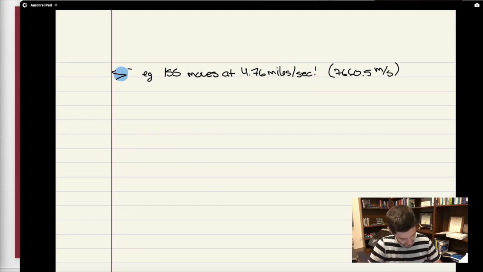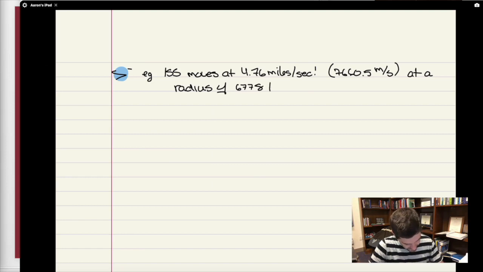So it's careening along at a radius of something like 6,778 kilometers. I could ask, what is the centripetal acceleration experienced?